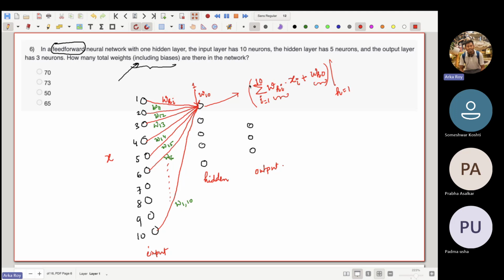So now I can generalize. The weight at WHI, so that means hidden to input, is equal to hidden layer neuron multiplied with input layer neuron.